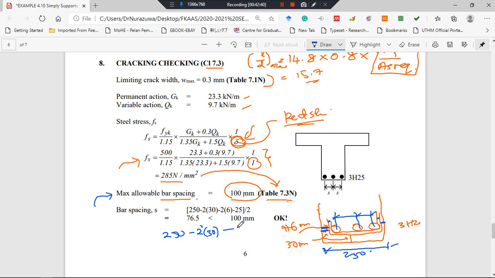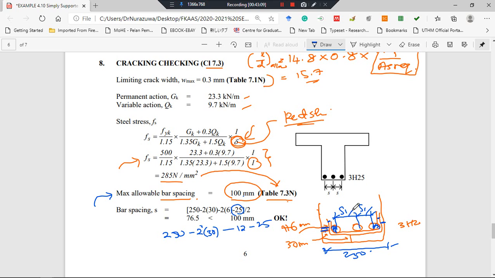So double 6, 12, minus 12. So minus 25. 25 is half of this steel area. So this 25 divided by 2, and this 25 divided by 2, plus 25 divided by 2 equal to 25. Okay, 25 and divided by 2 because we have two sides.